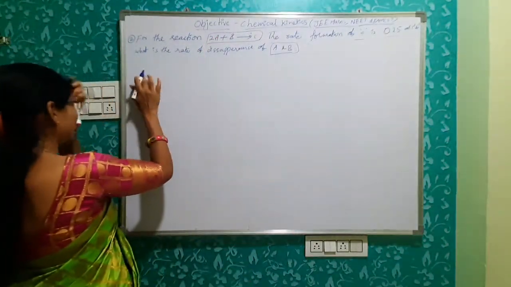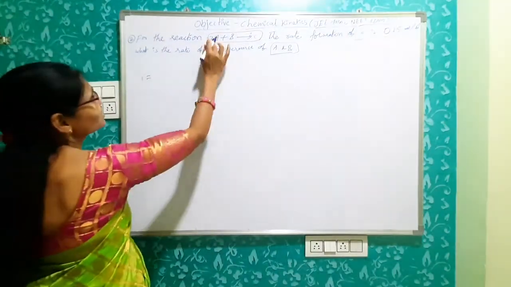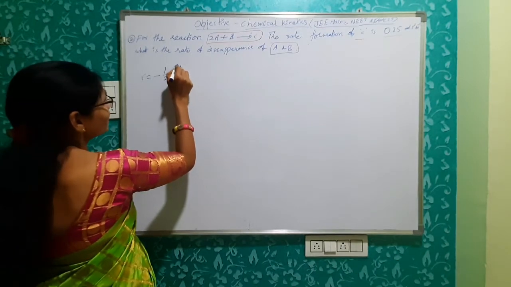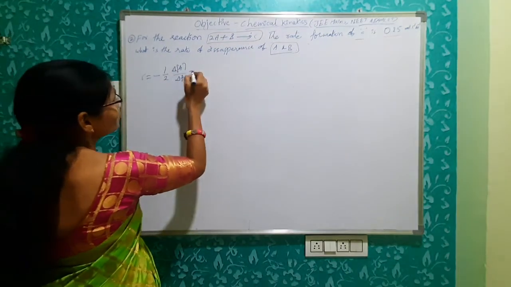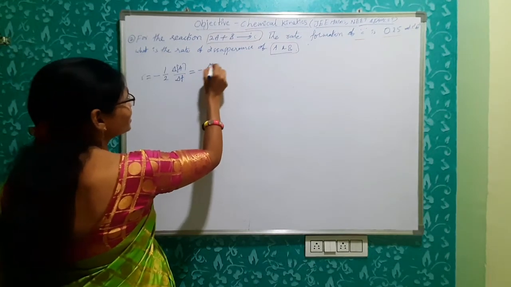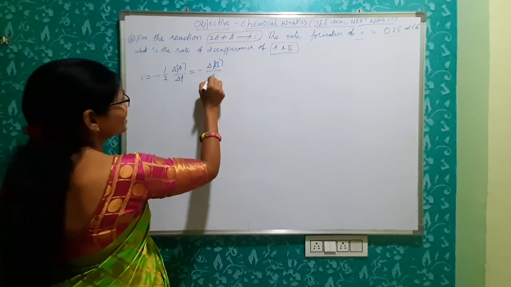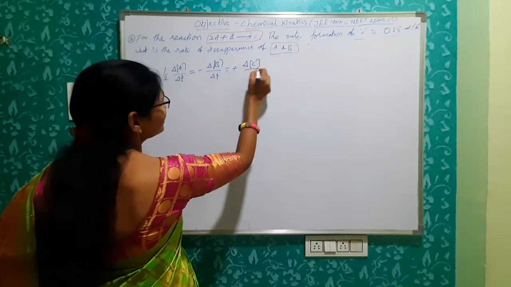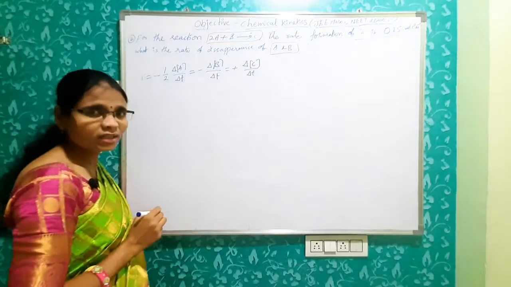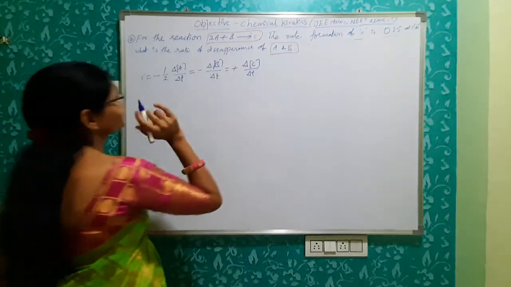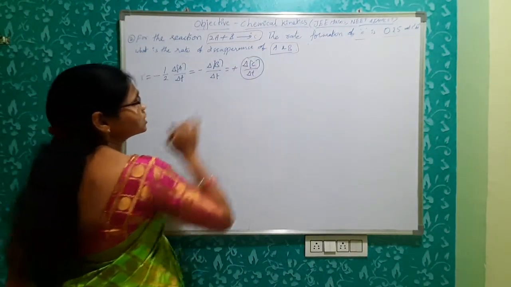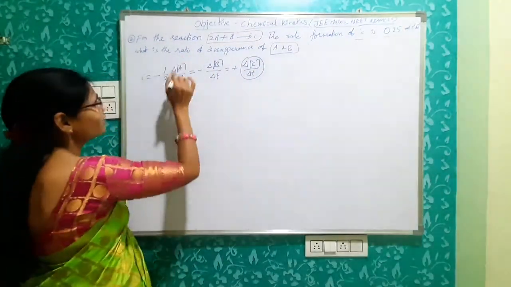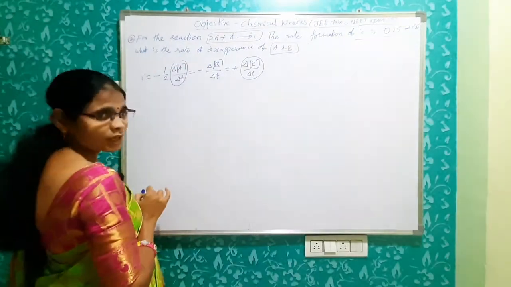Rate R is equal to minus 1 by 2 delta A by delta T, which equals minus delta B by delta T, which equals plus delta C by delta T. Clear? This is the rate of formation of C, this is the rate of disappearance of B, and the rate of disappearance of A.